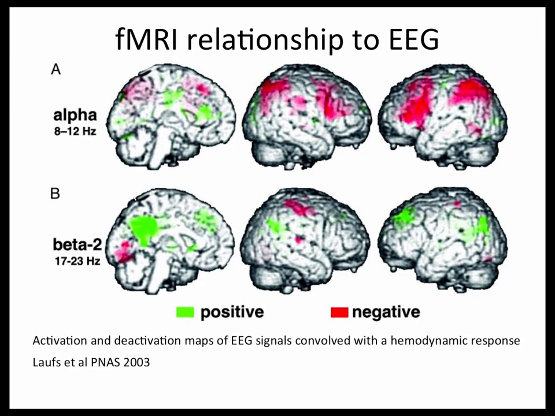Back to humans, there's been a lot of work on simultaneous fMRI and EEG. This is one of the first papers to have done it, and what you can see in this paper is that as alpha, so low frequency EEG, fluctuated, we saw one network of areas that was anti-correlated to the alpha fluctuations, and another set of areas that was positively correlated to the beta fluctuations.